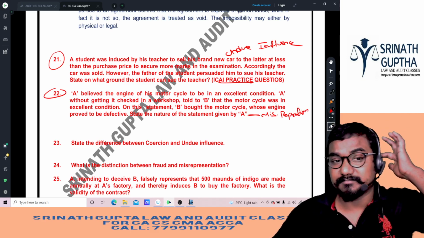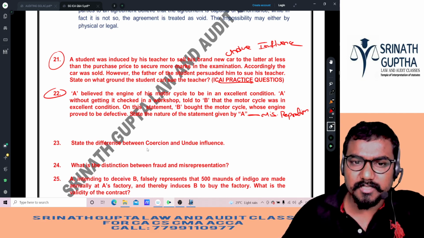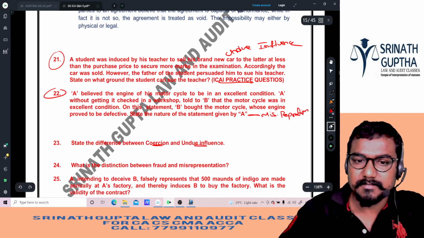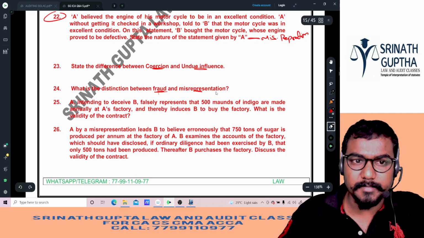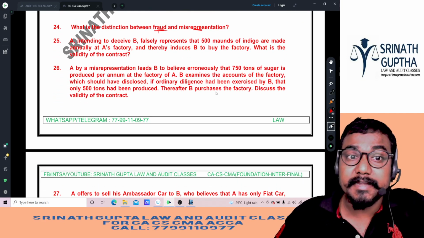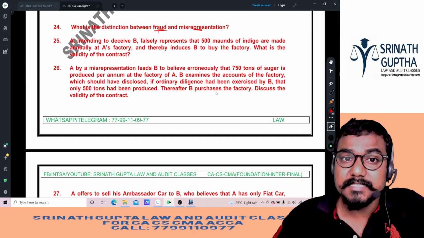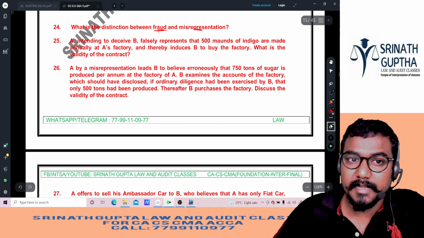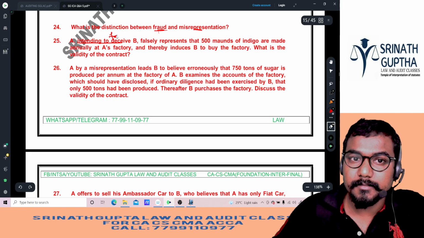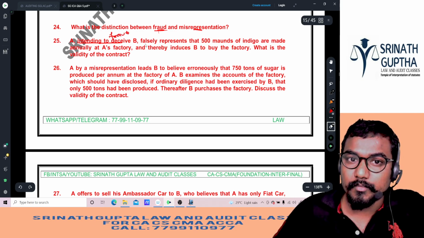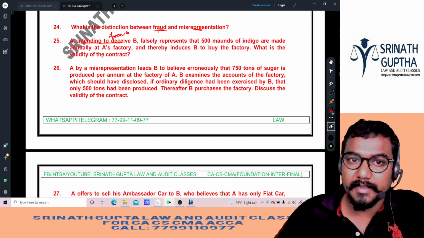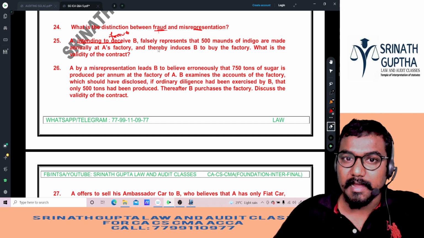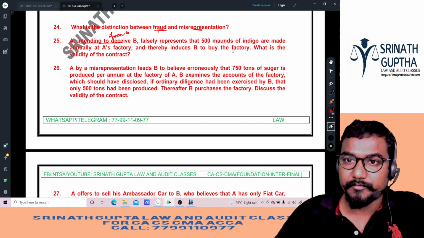Suraj and Sohan. Next question, coercion versus undue influence. Next, fraud versus misrepresentation. That also, second question, beta, repeated. A intending to deceive B, that means fraud. A falsely represents that 500 maunds of indigo are to be made annually at A's factory and thereby induces B to buy the factory.